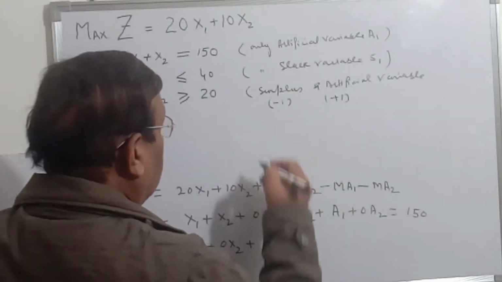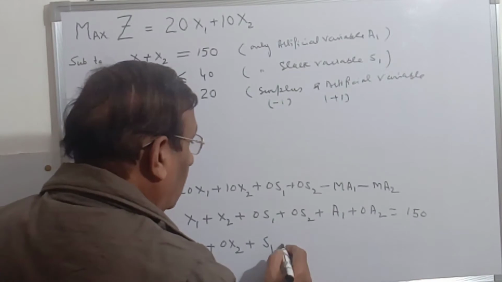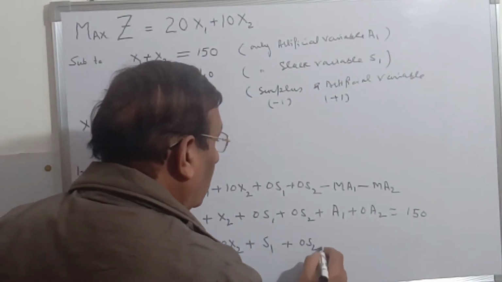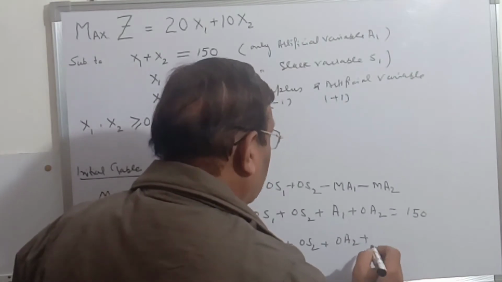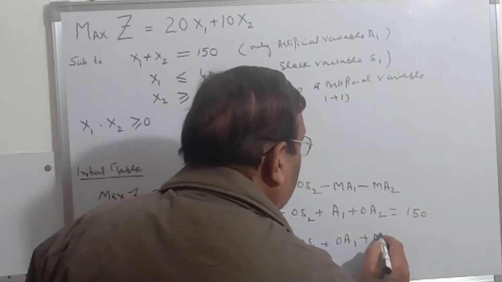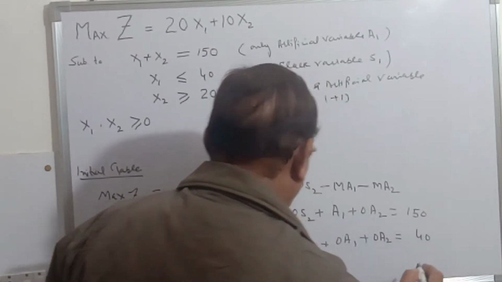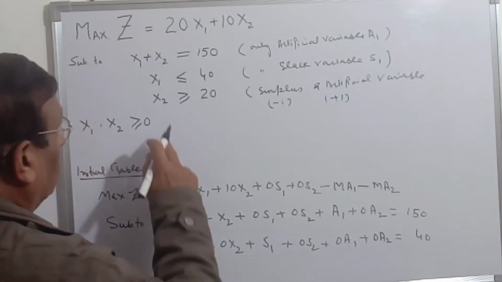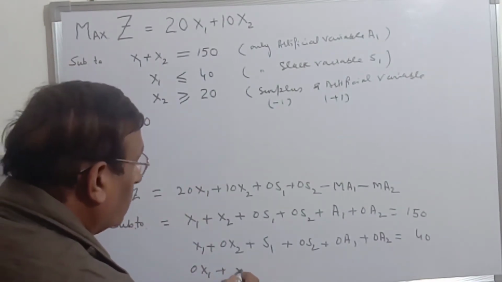Here you need only slack variable s1. Only slack variable s1, no other variable. So other variables will be 0a1, 0a2, is equal to 40. Third equation, there is no x1, so 0x1 plus x2.